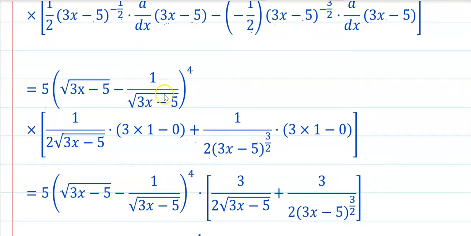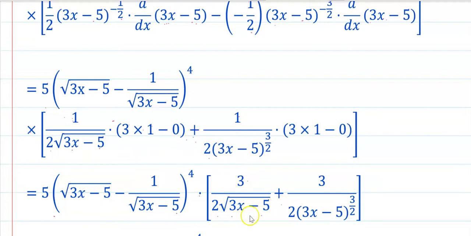Keep this first bracket as it is. Okay. Next into. What is there? 3 into 1, 3. Again, into 1. Numerator's multiplication करणार. 1 into 3, you are getting 3. Upon denominator ला काय काय? 2. In root of 3x minus 5. It is a 3 upon 2 into root of 3x minus 5.